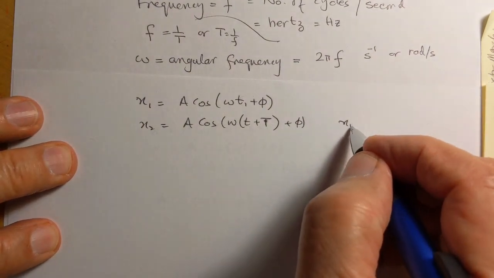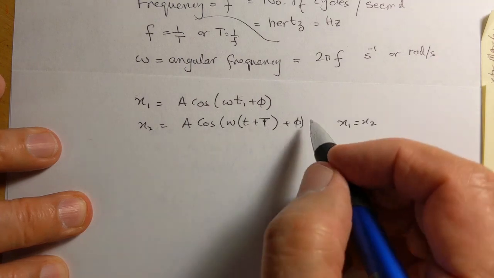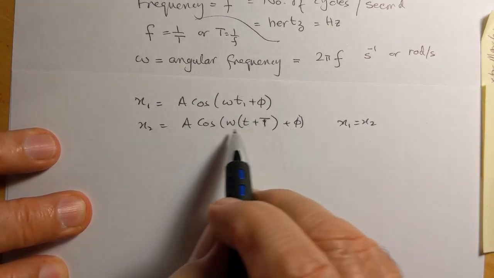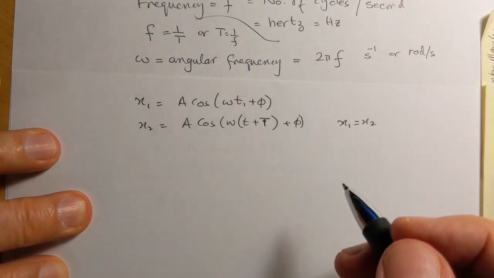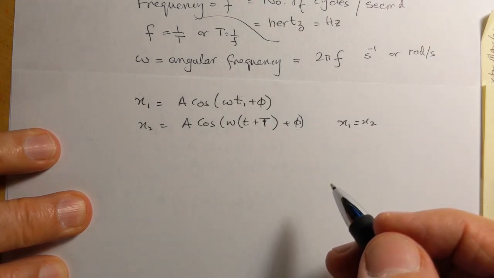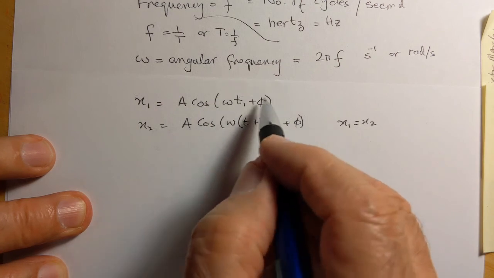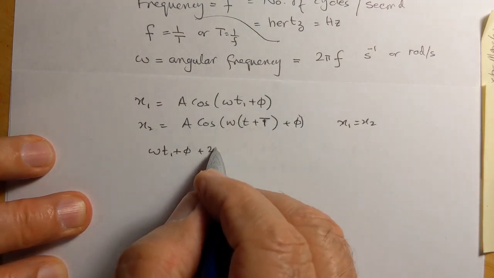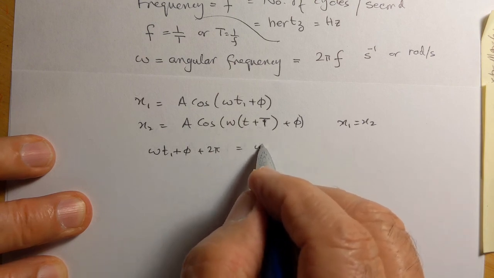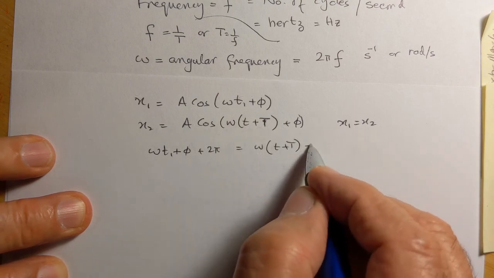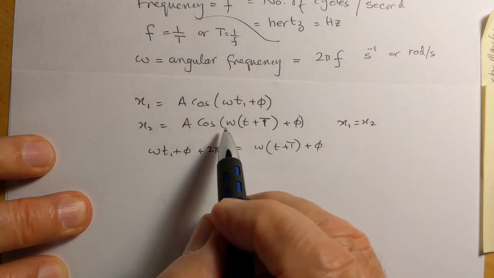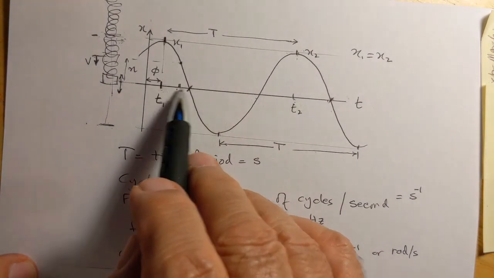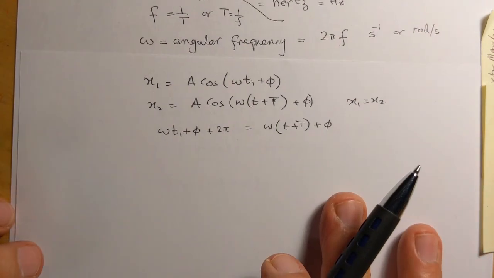And of course x1 equals x2. Because these two are equal, the difference between these two has to be 2 pi radians. So omega t1 plus phi plus 2 pi radians will be equal to omega (t1 plus T) plus phi, because it goes from here to here is 2 pi radians.